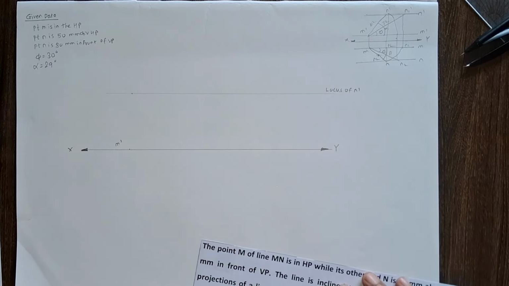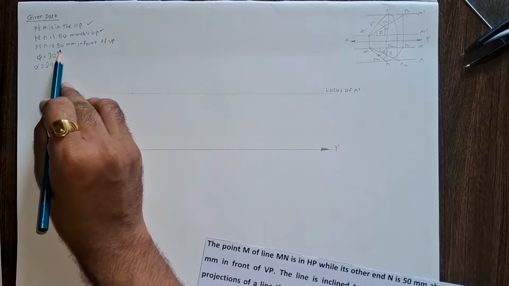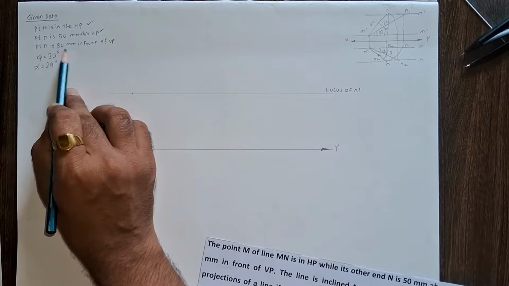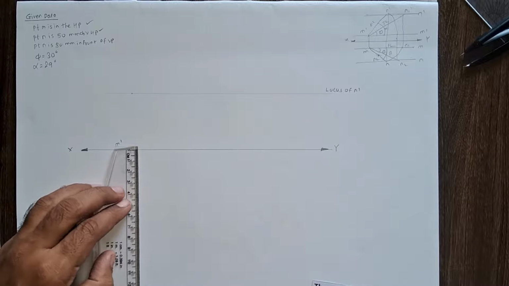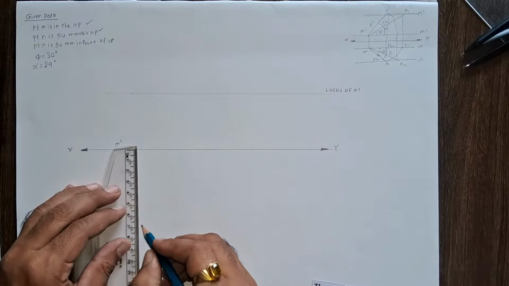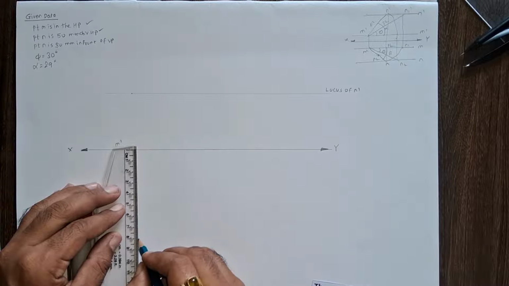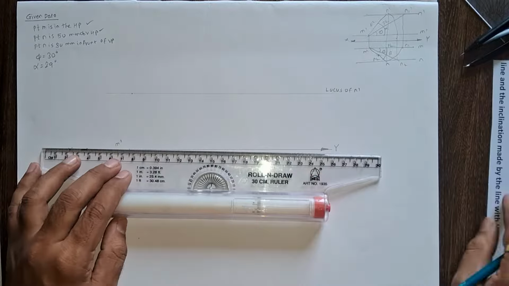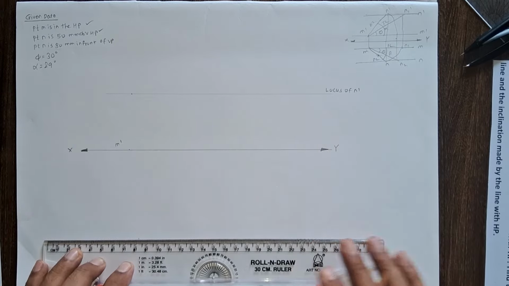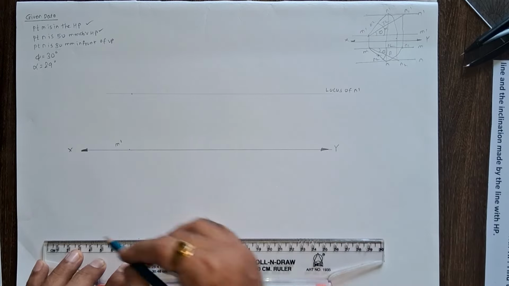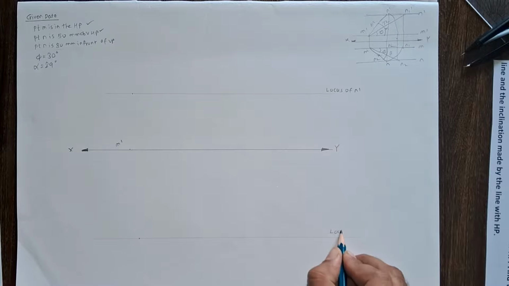Also point N is 80 mm in front of VP, so below XY we can mark the locus of N at 80 mm. Adjust a ruler along XY and draw the line parallel to XY. So we'll get the locus of N.